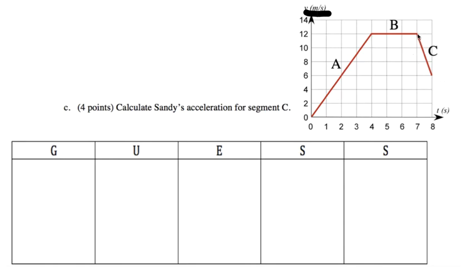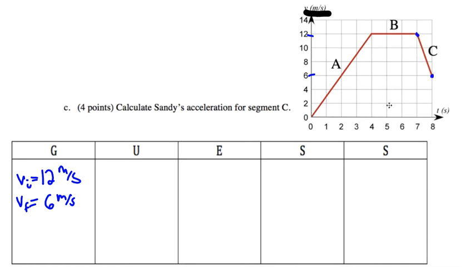During segment C, the velocity starts here. It starts at a speed of 12. So velocity initial is 12 for this problem. Velocity final, it slows down to here. So it slows down to a speed of 6 for that segment. Okay, another thing we can think about is how much time it took.